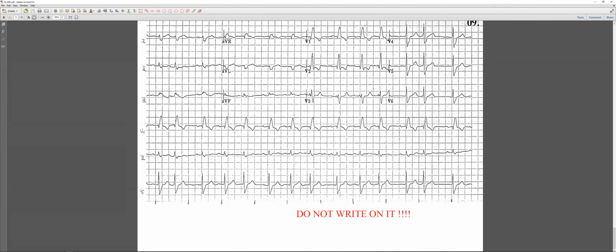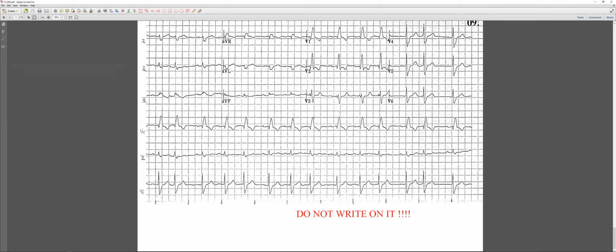It seems like a block. What kind of block? I think it's a right bundle branch block.